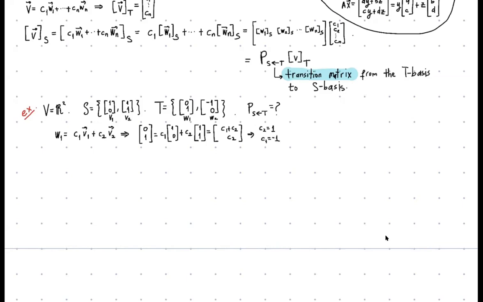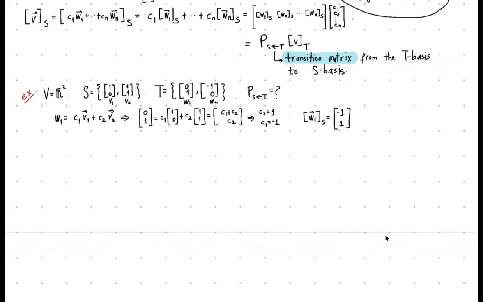Okay, so we found the coordinates of W1 in terms of the basis vectors S. So it is C1 and C2. So which means to obtain W1 vectors, to obtain the 0, 1 vector, I have to go -1 units in this direction and then go 1 unit in this direction to obtain it. Okay. And I have to do the same thing for W2.